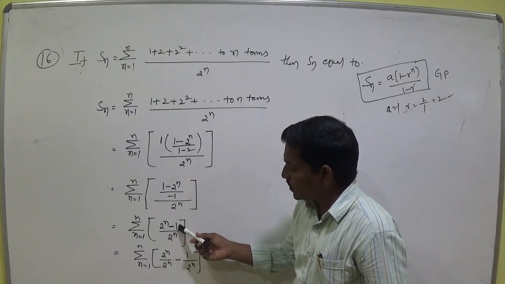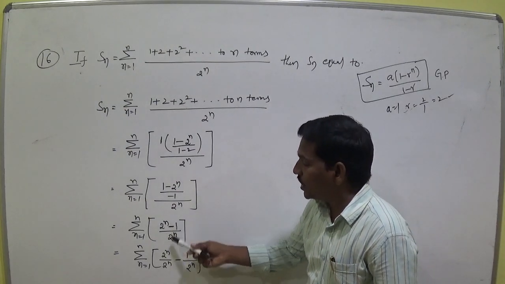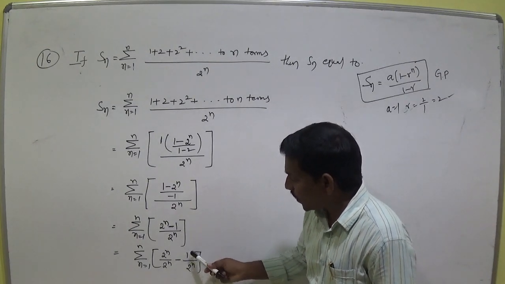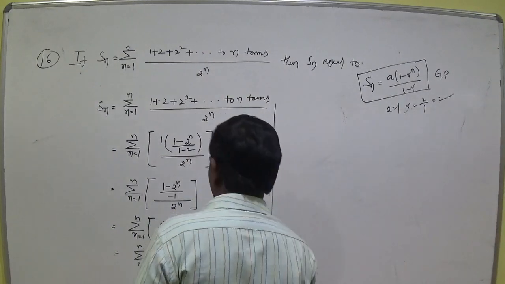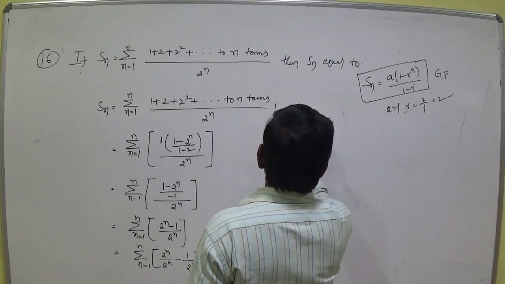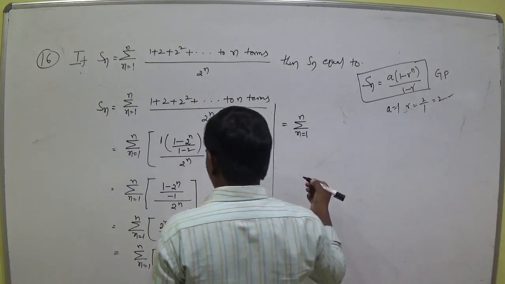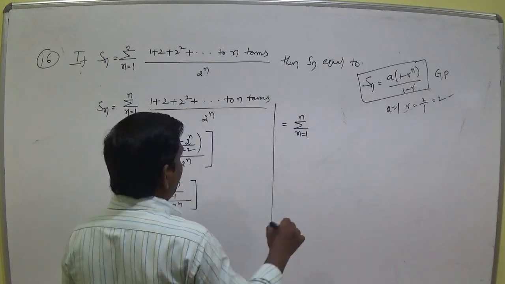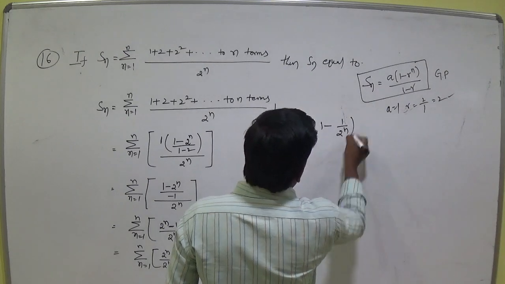Sigma n equal to 1 to n, 1 minus 1 by 2 power n.